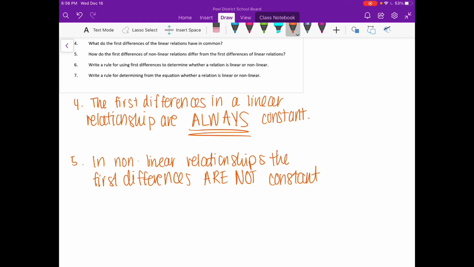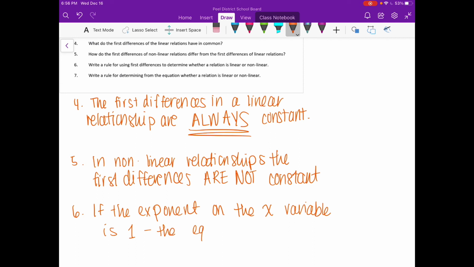Write a rule determining from the equation whether or not they are linear or nonlinear. And this one I'm going to put in. If the exponent on the x variable is 1, the equation is linear, right?